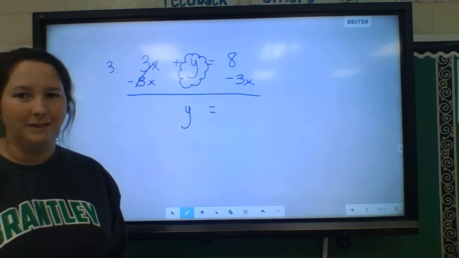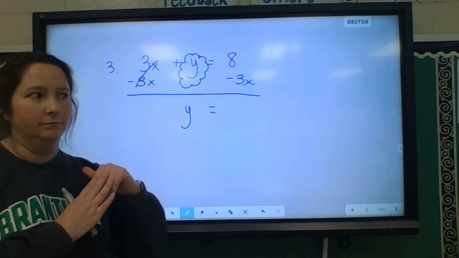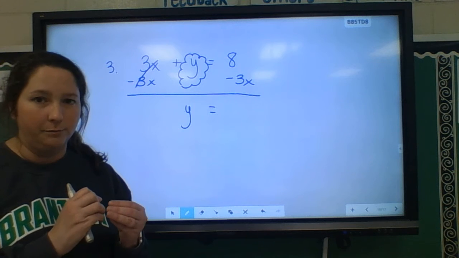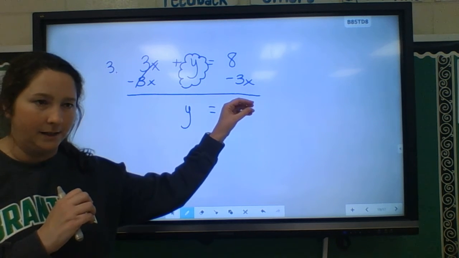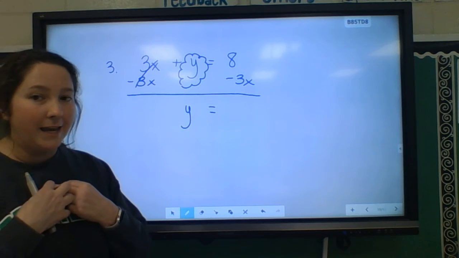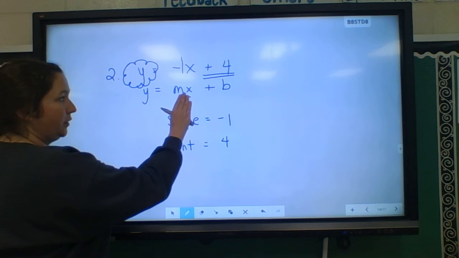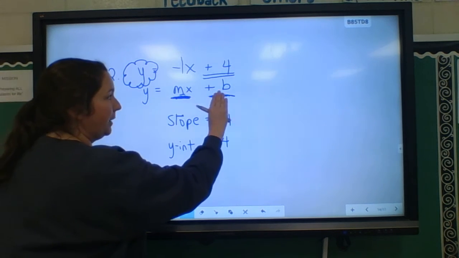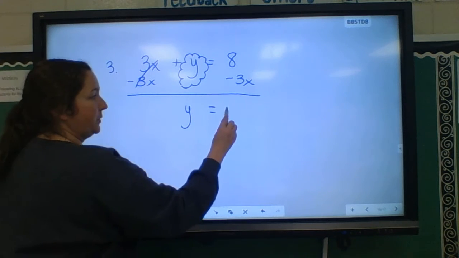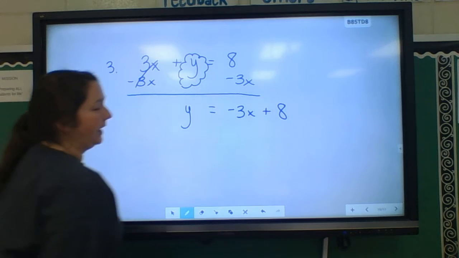But can we combine 8 and 3x? No, because they're not like terms. 8 is a constant and 3x has a variable. Now for me, because I like to have my x first and then my y-intercept, I'm going to put the 3x first and then a +8.